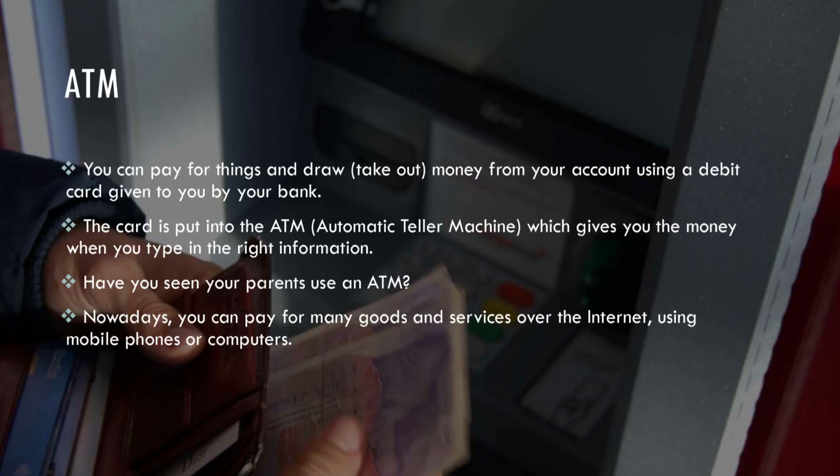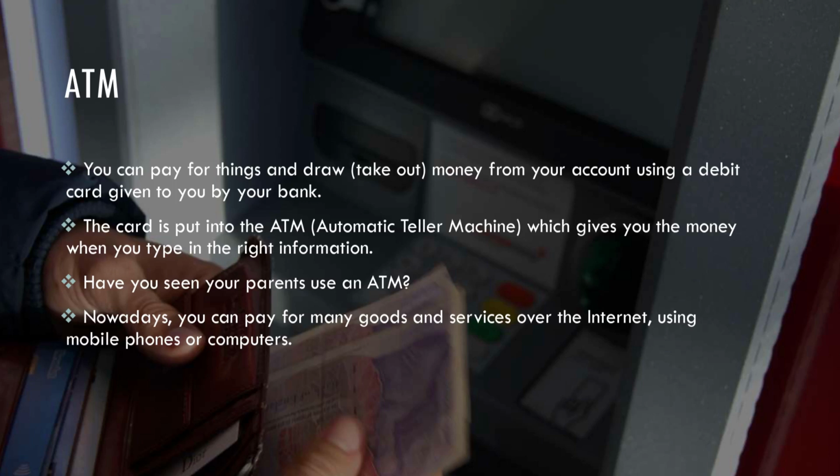ATM. You can pay for things and take out money from your account using a debit card given to you by your bank. The card is put into the ATM, automatic teller machine. ATM is the abbreviation of automatic teller machine.